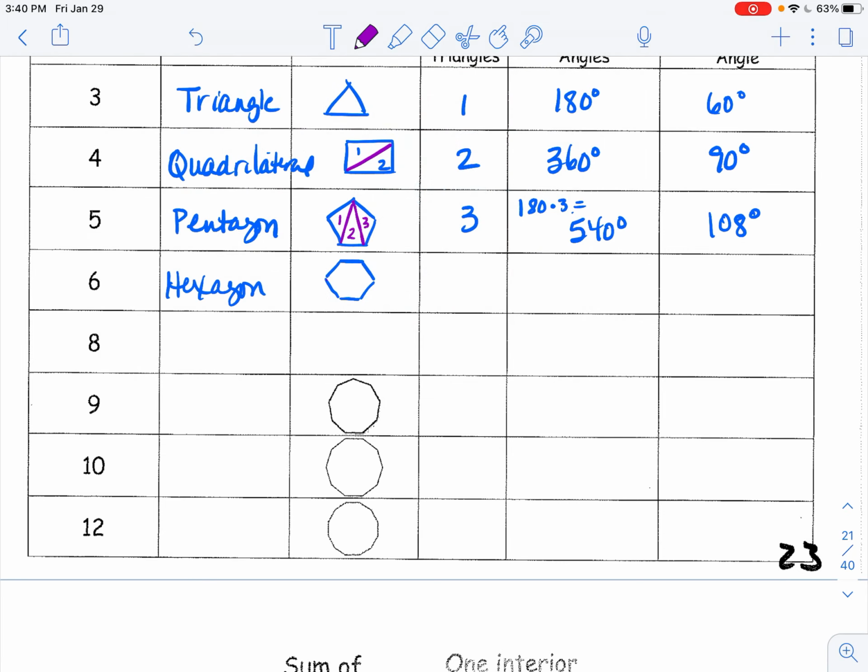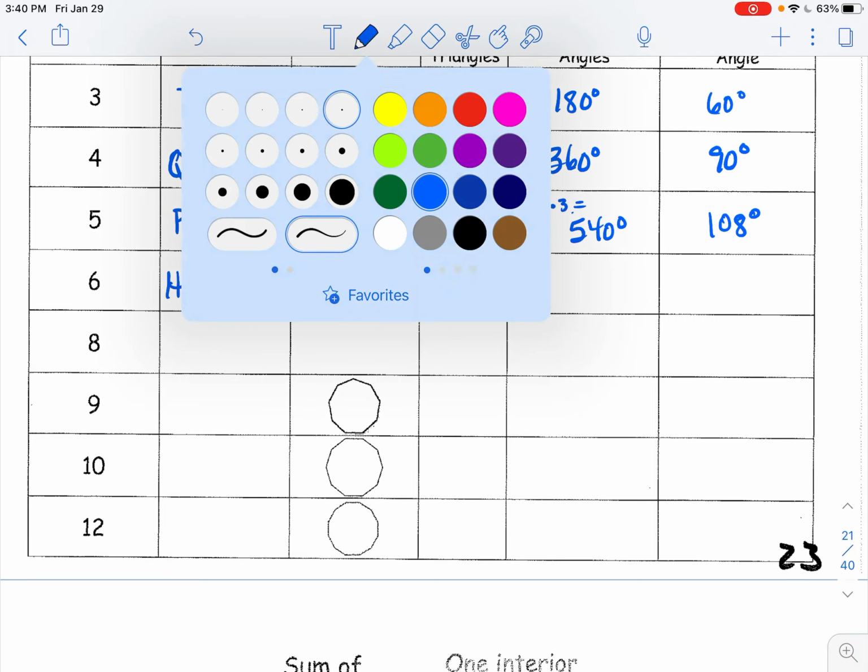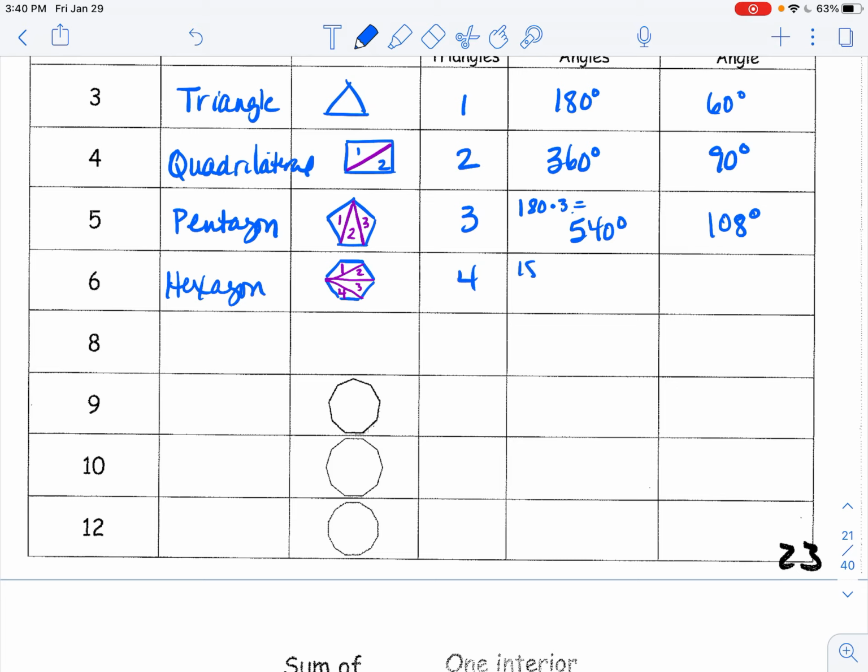All right, let's draw our triangles. 1, 2, 3, 4. So we could fit 4 triangles that don't overlap. So 180 times 4 is 720. And if I divide that by the 6 angles, each angle would be 120 degrees.